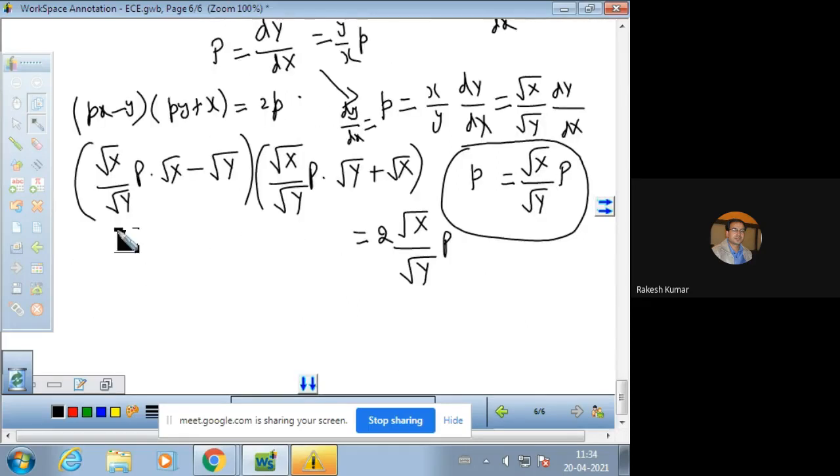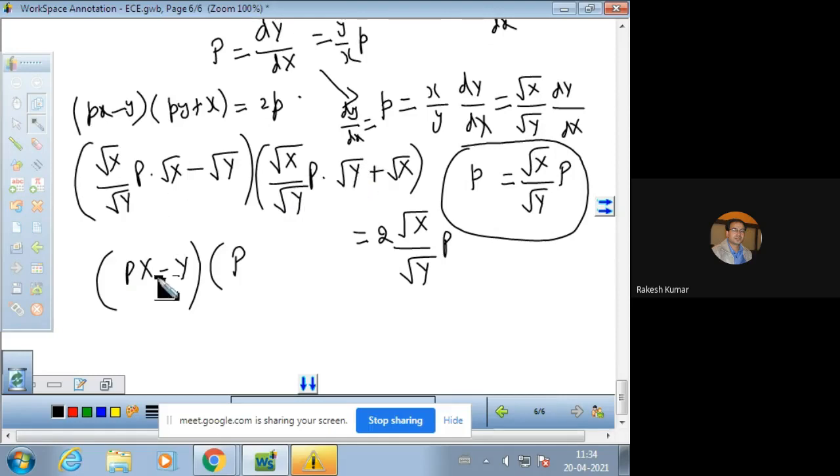Now, let us solve a little. Here, square root x will give you x. So px minus square root y, and square root y will become capital Y. And this square root y will be multiplied with this square root y, and you will have P, because square root y is there.